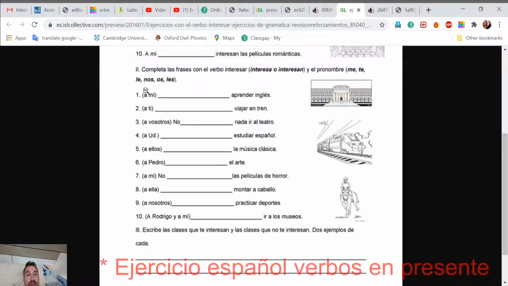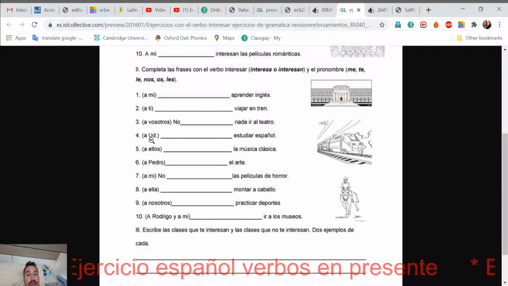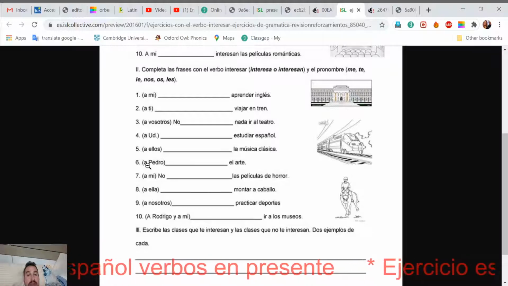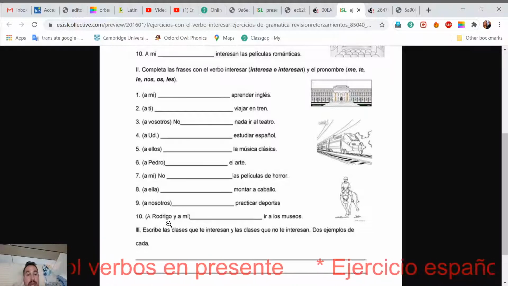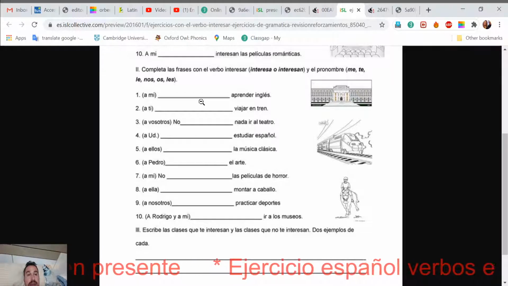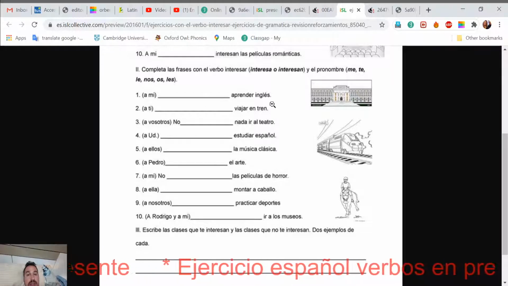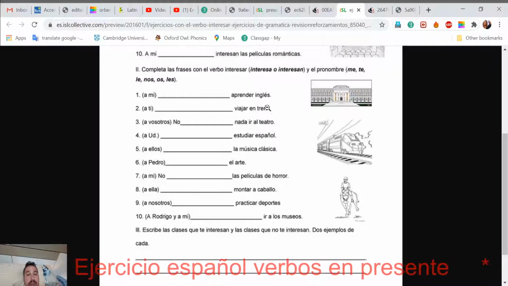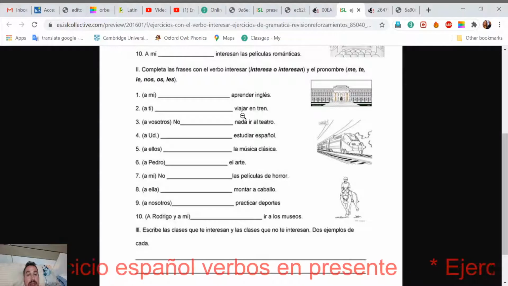Let's practice this. So I won't read the first bit, except if I have a proper name. Okay. So 1. Me interesa aprender inglés. So I'm interested in learning English. 2. Me interesa viajar en tren. So I'm interested in traveling by train.